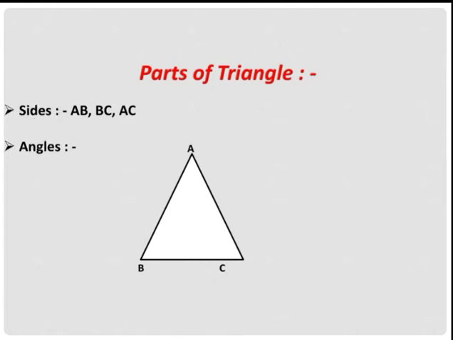Now let us understand the angles in the triangle. There are three angles in the triangle: angle A, angle B and angle C. Now let us understand the vertex. In this triangle, there are three vertices A, B and C. So these are the parts of the triangle.